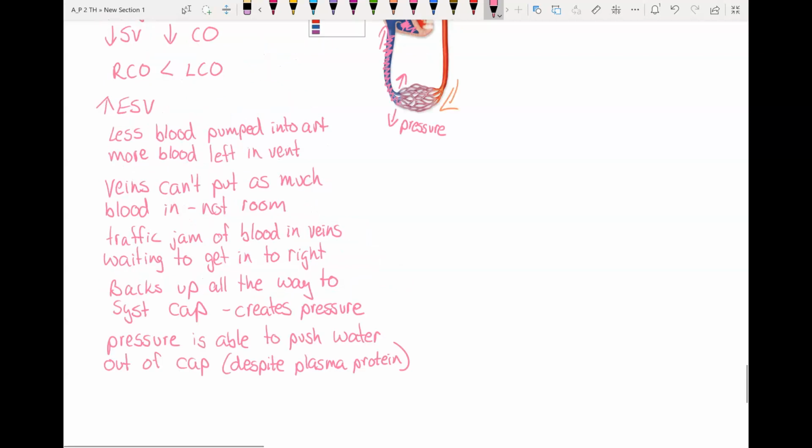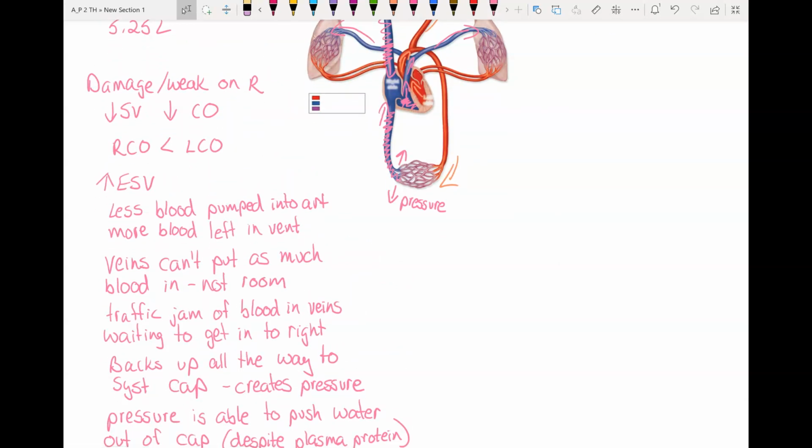Okay, so under this condition where you have this traffic jam of blood trying to get into the right side of the heart, that creates so much pressure that the pressure becomes more powerful than your plasma protein, and water is pushed out. So you end up with water leaking out of these capillaries.